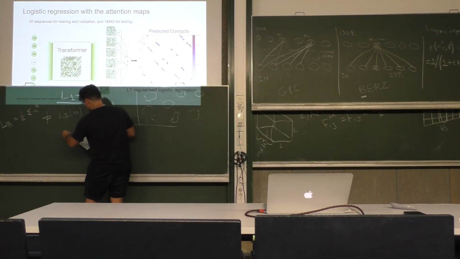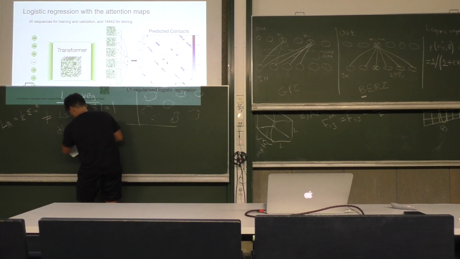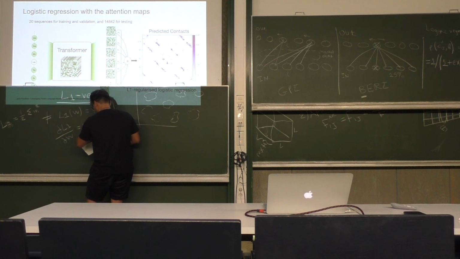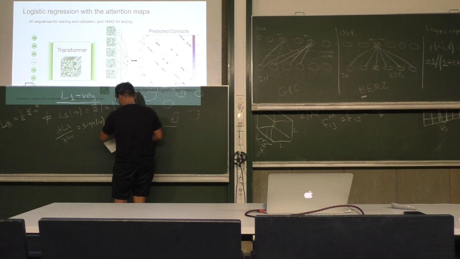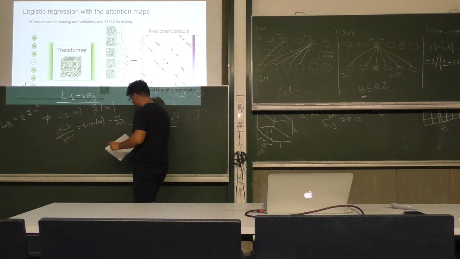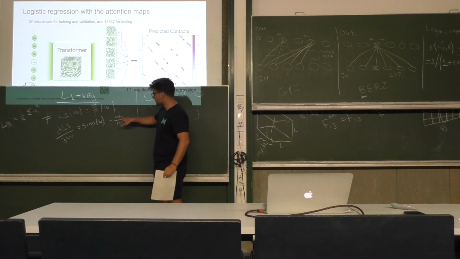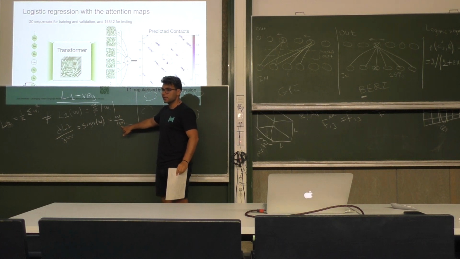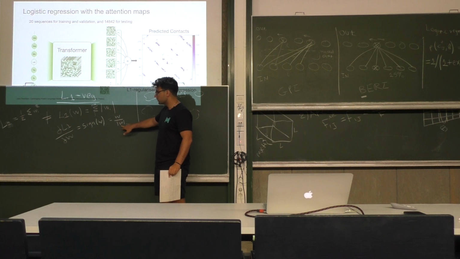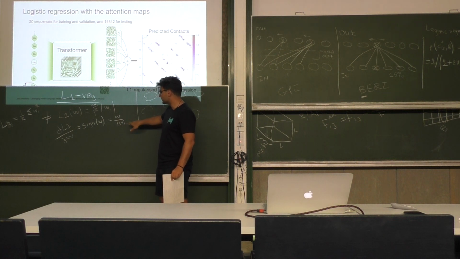So if we take the gradient, it would be something like this. So this would mean W1 divided by the magnitude or length, and then W2 divided.